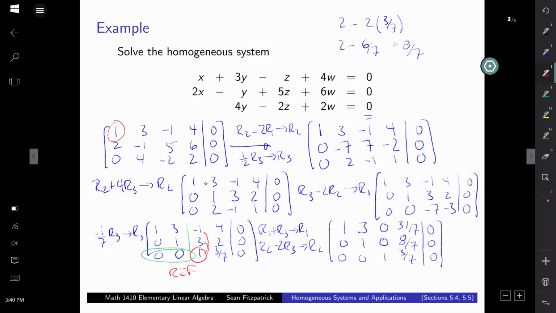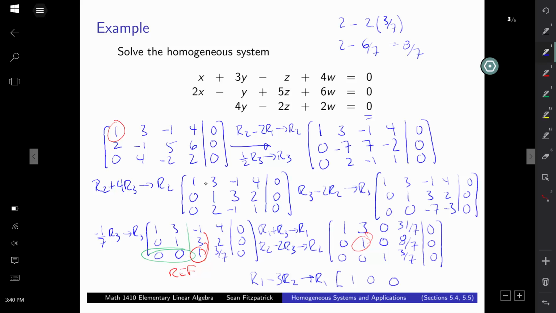Alright, what's the last step? The last step is use this 1 to get rid of the 3. So there's one more step. One more step is going to be row 1 minus 3 row 2. Make that my new row 1. And I'm short on space, so let me just write down what that first row is going to look like. 1, 0, 0.